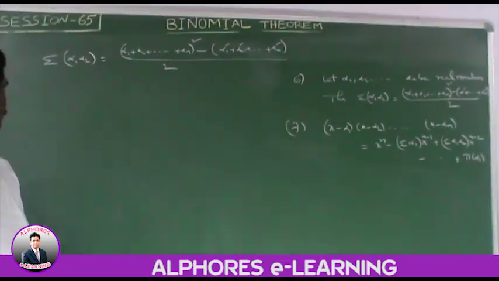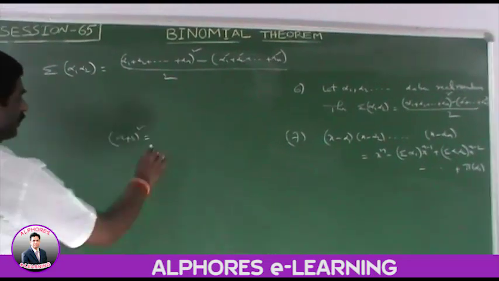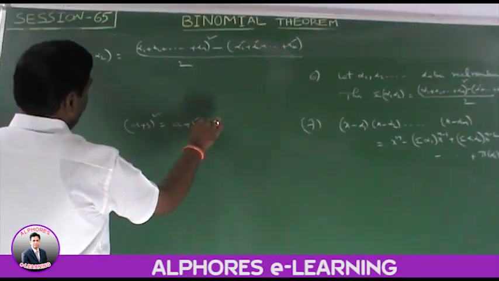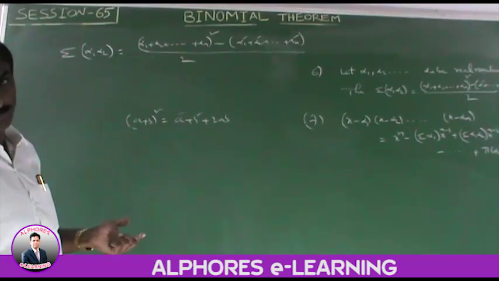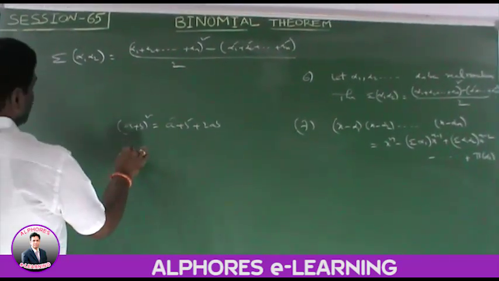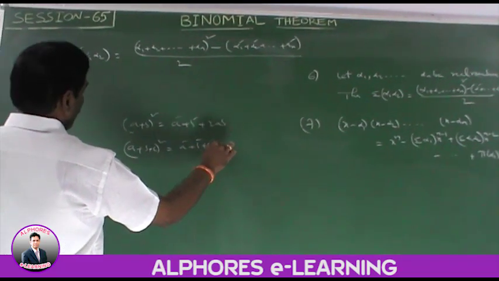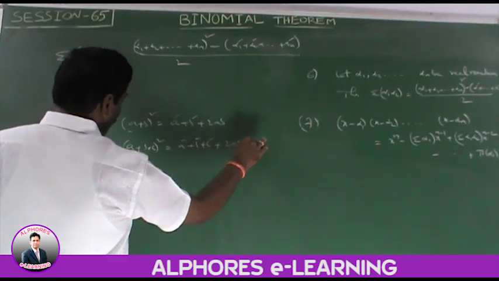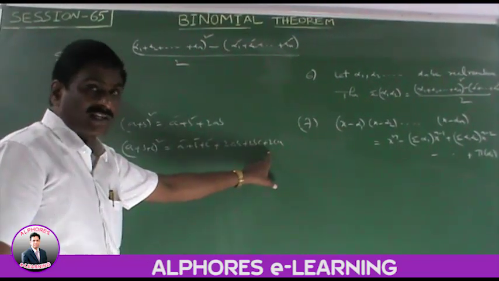Please observe this value. What is the formula for a plus b whole square? It is a square plus b square plus 2ab. Here there are two terms, so only the product ab is obtained. Next, what is the formula for a plus b plus c whole square? a square plus b square plus c square plus 2ab plus 2bc plus 2ca. It is the sum of the product of the values taken two at a time.